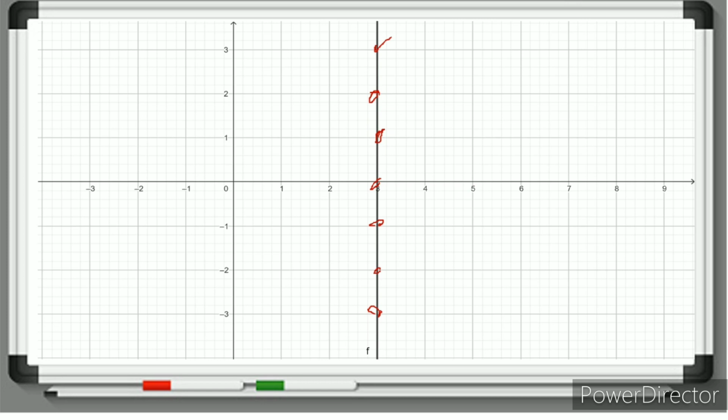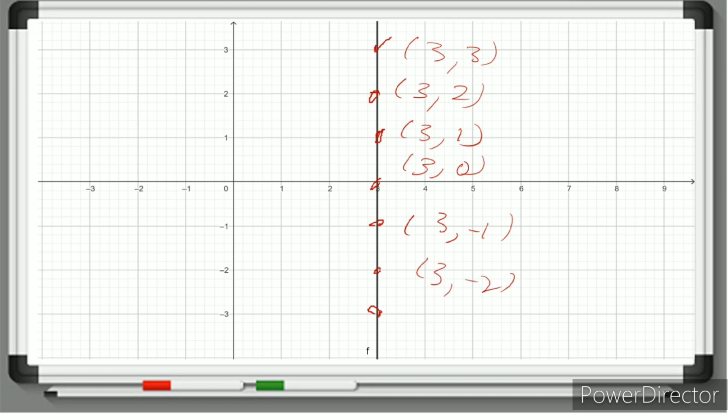So what are the ordered pairs of these points, boys? Here x value 3, y value 0; x value 3, y value 1; x value 3, y value 2; x value 3, y value 3; x value 3, y value minus 1; 3, minus 2; and 3 comma minus 3.